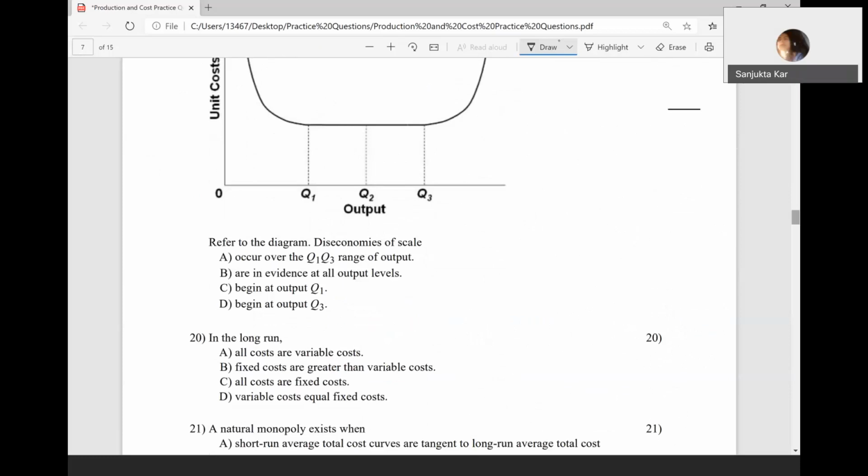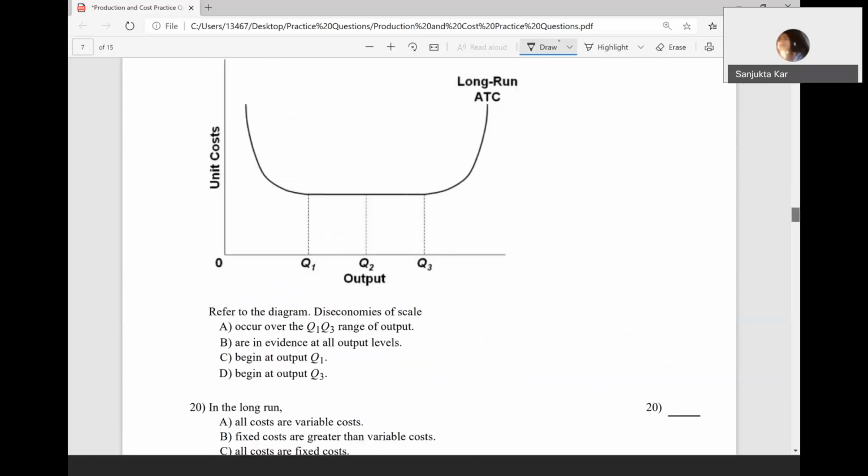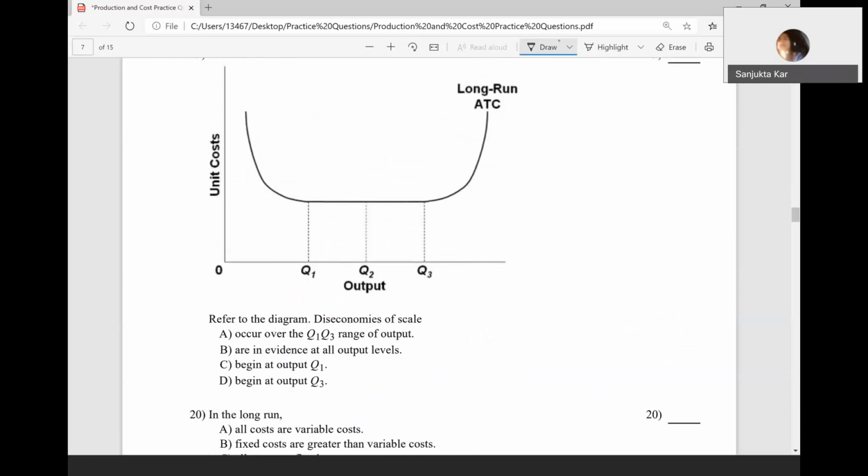Already, then the next question is asking you about these diseconomies of scale. This one basically begins at Q3, where the long run average total cost is increasing.